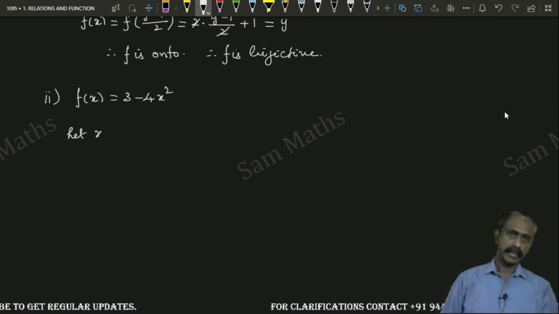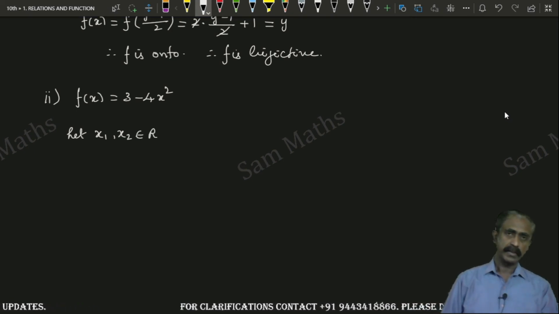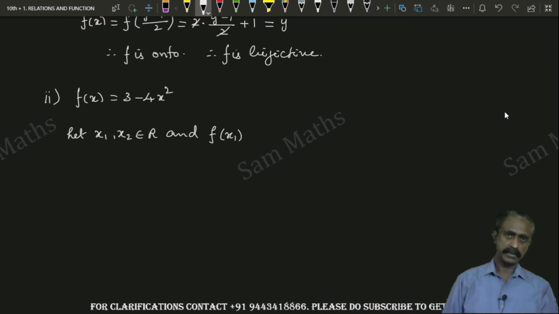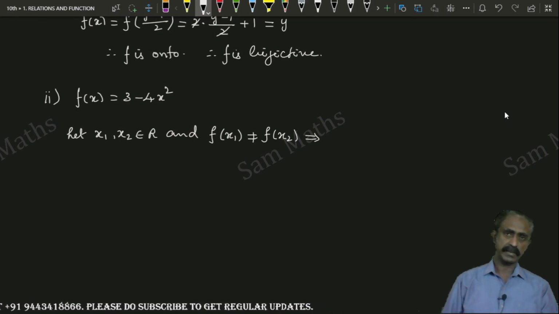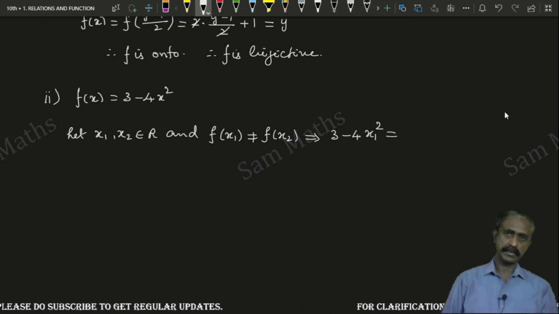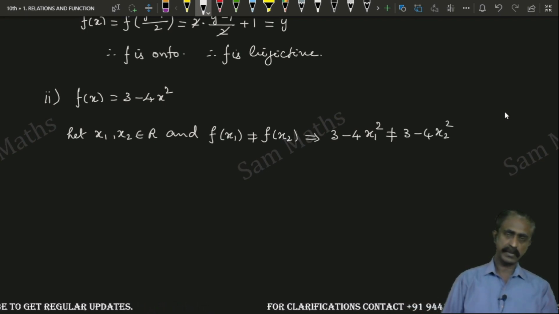Let x1, x2 belong to R and f of x1 is not equal to f of x2, which implies, what's given, f of x is equal to 3 minus 4x square, that is 3 minus 4x1 square is not equal to 3 minus 4 into x2 square.